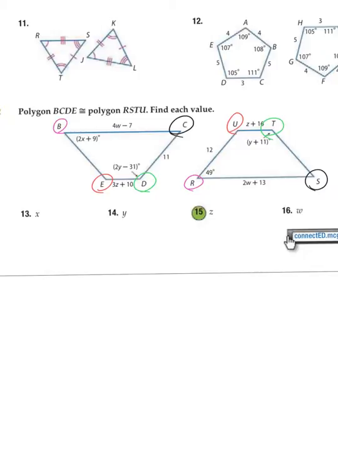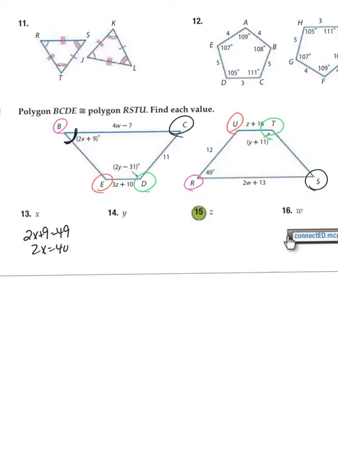So I'm looking for X, and I see that X is mentioned in angle B here. So I have 2X plus 9. Now let's look in the other triangle, or the other, this time quadrilateral, or actually this is a trapezoid. B matches R. R is 49.